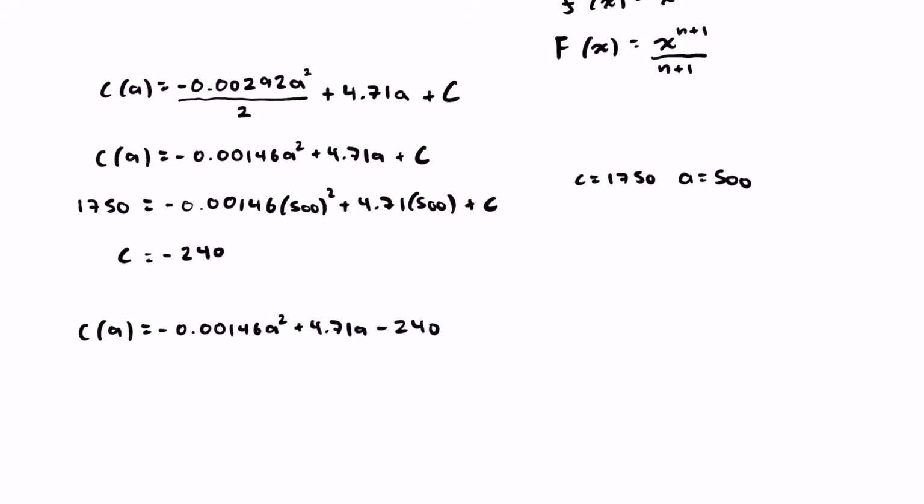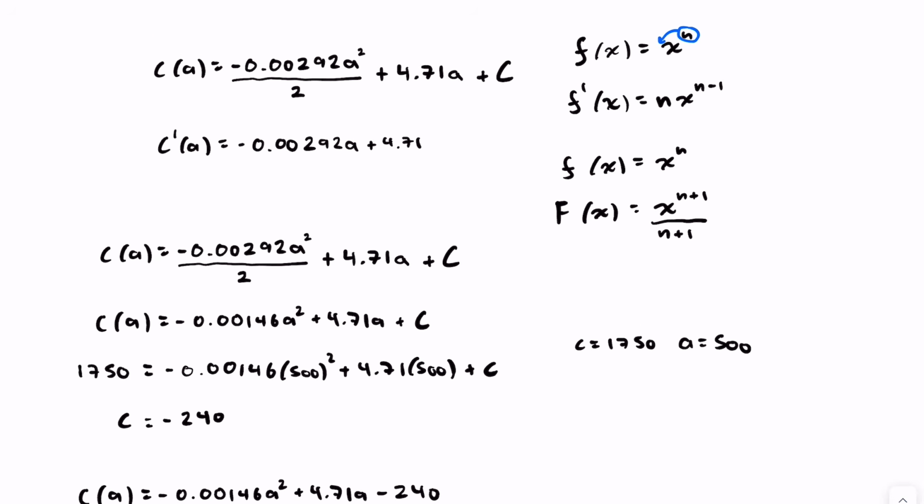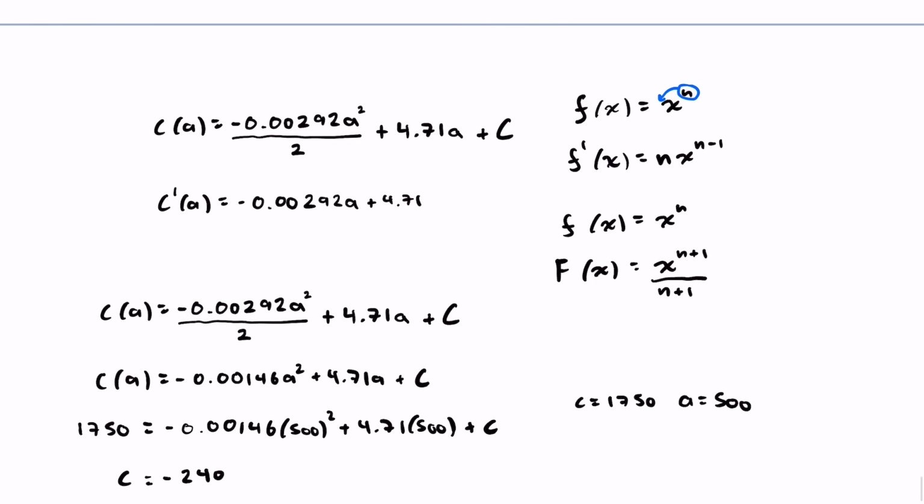Okay, so just to summarize, and go over that process once again, they gave us the derivative, c prime of a, which is the rate of change. We wanted to find the original cost function. So how can we go from the derivative to that original function? Well, we reverse the process and take the antiderivative. This is given to us in our formula booklet. We go term by term, add 1 to the exponent, divide by whatever the value of that new exponent is.